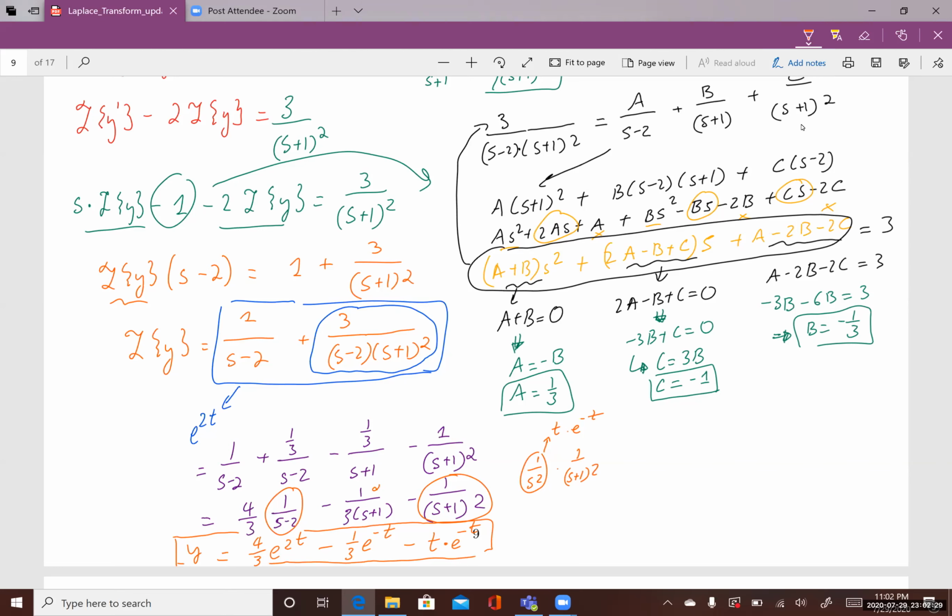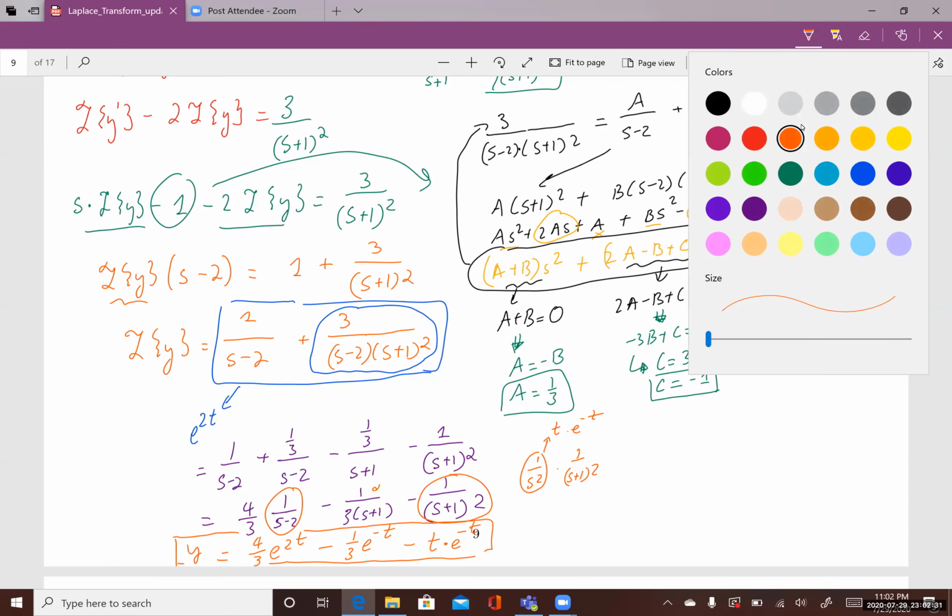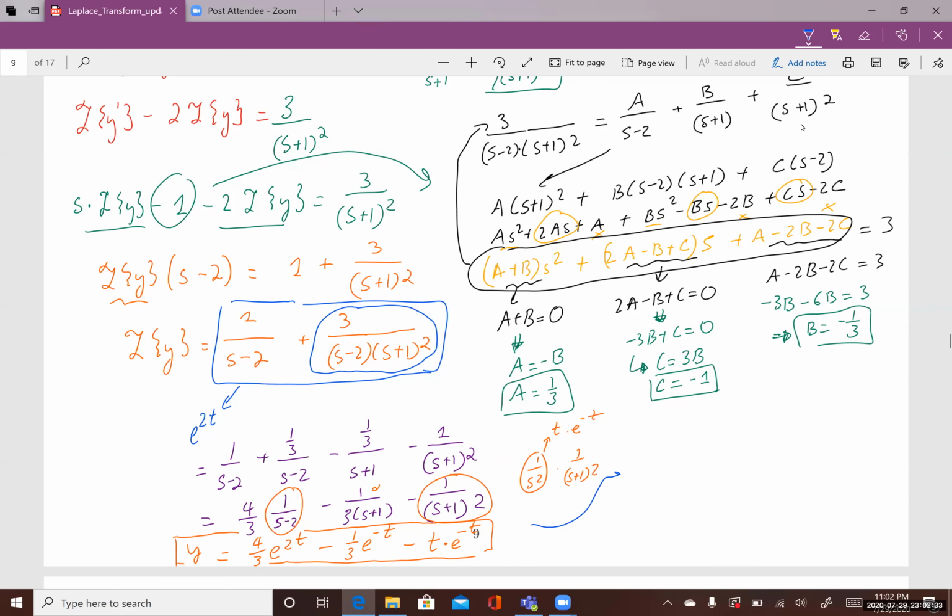All right, I should rewrite it better. So the answer is y of t equals 4 over 3 e to the 2t, minus 1 over 3 e to the negative t, and minus t e to the negative t should be your final answer.